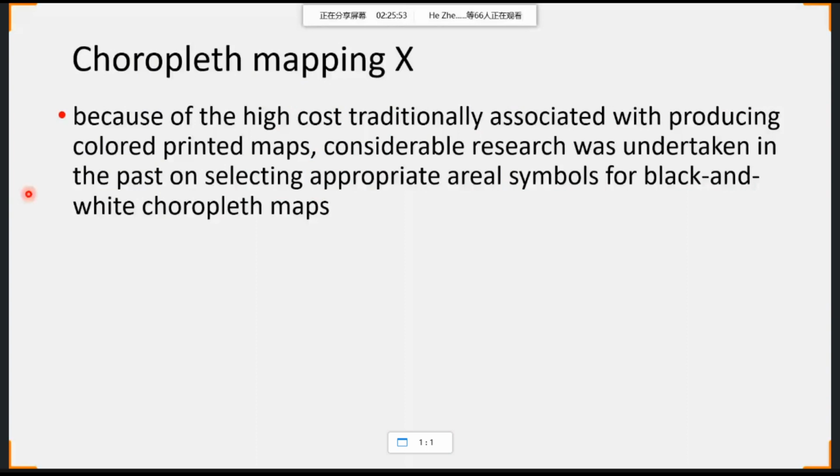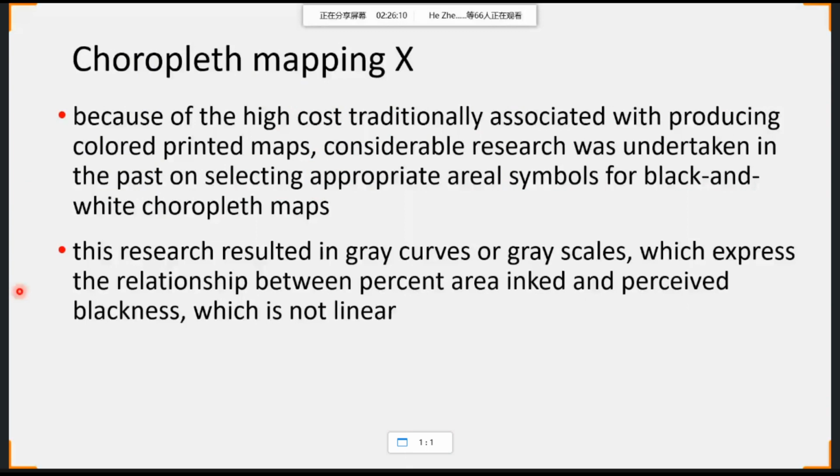We can, of course, use all the colors, no problem. But back then, it was much cheaper to produce black and white maps, and therefore, there was a lot of research about that. This research resulted in gray curves or gray scales, which express the relationship between percent area inked and perceived blackness, which is not linear.